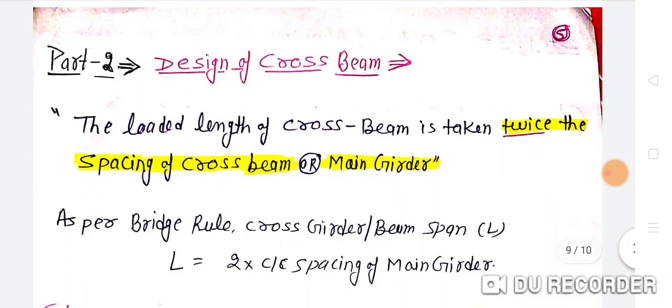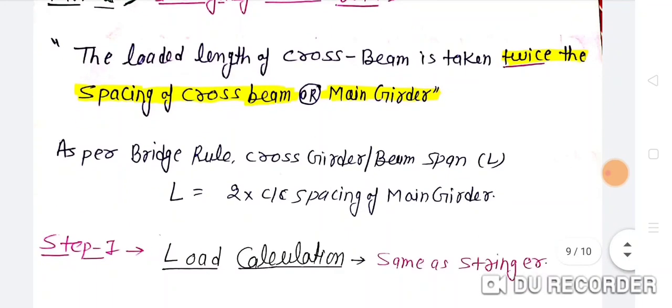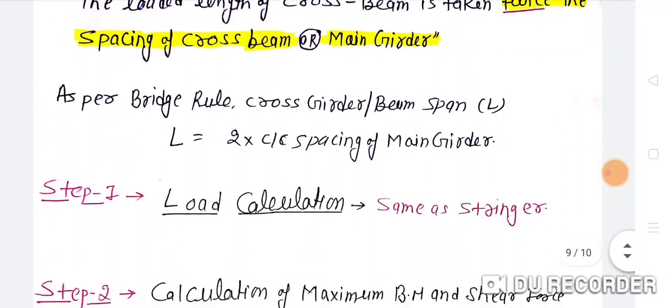Now let us start part second, design of cross beams or cross girders. As per the bridge rule, the total length of the cross beam is twice the spacing of the main girders. Means L is equal to 2 into the center to center spacing of the main girders.